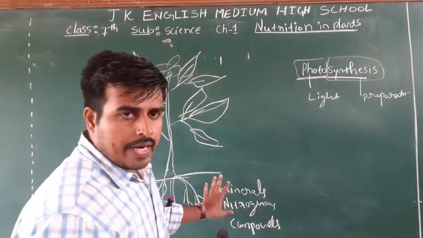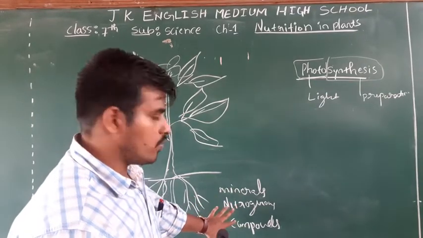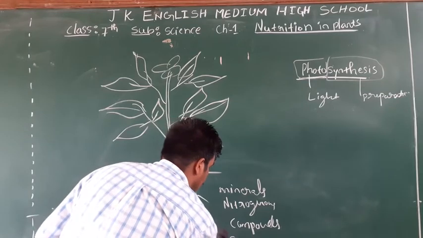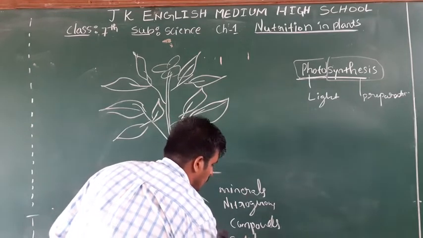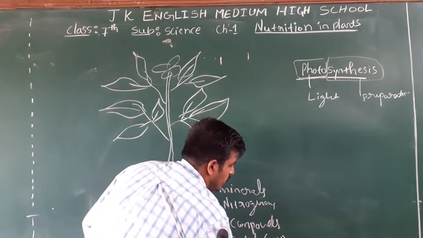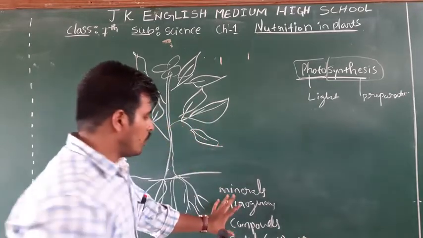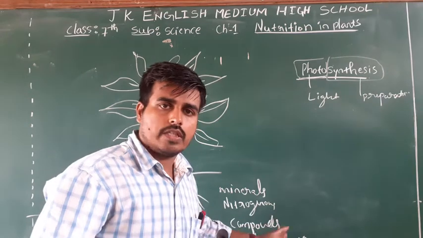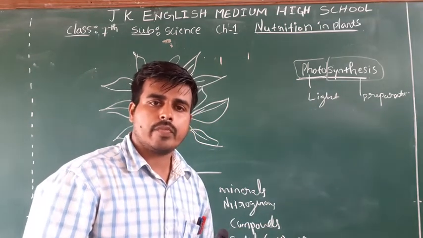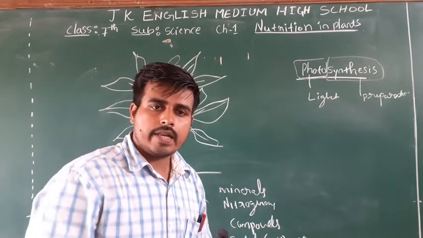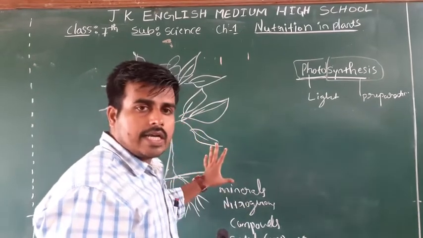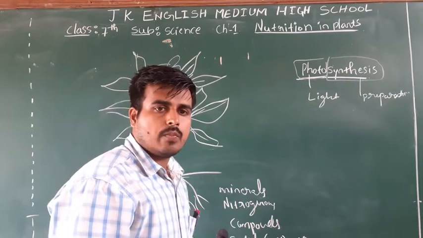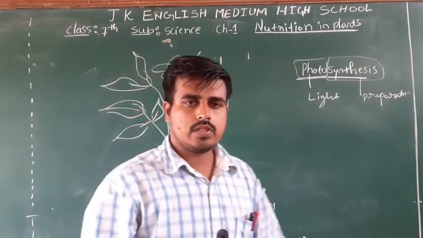But the plant can absorb these minerals and nitrogenous compounds, many essential components, only when they are dissolved in water. Therefore water is necessary for plants. From very dry land, plants can't absorb these minerals, nitrogenous compounds and essential components because it is impossible.